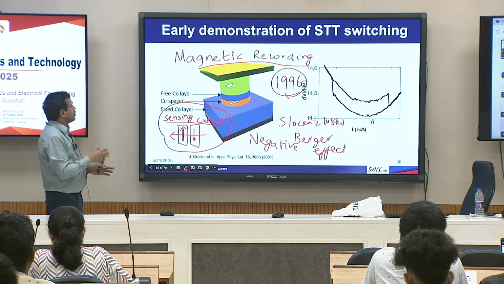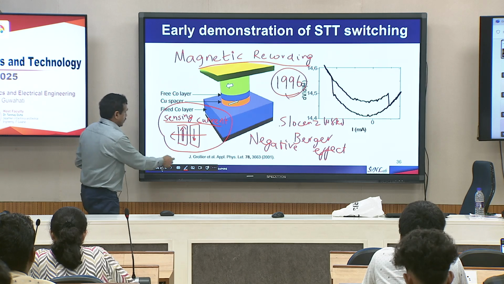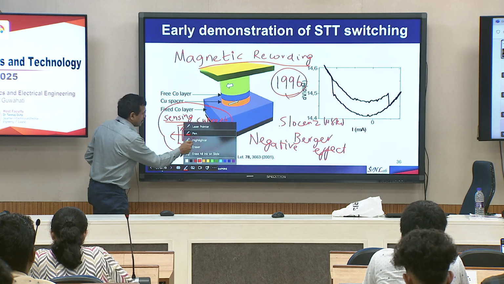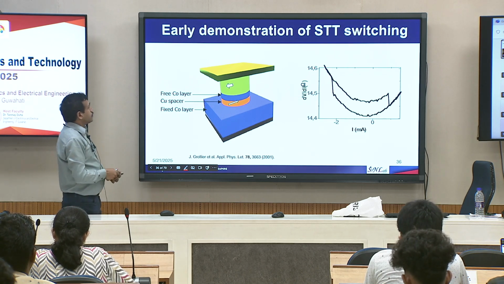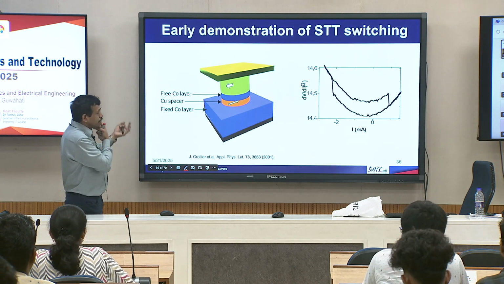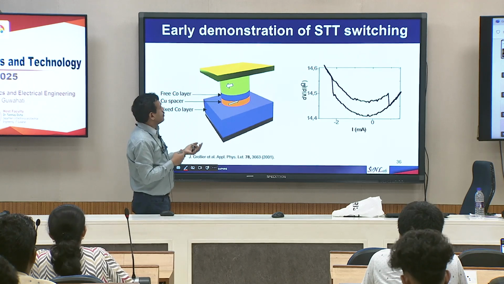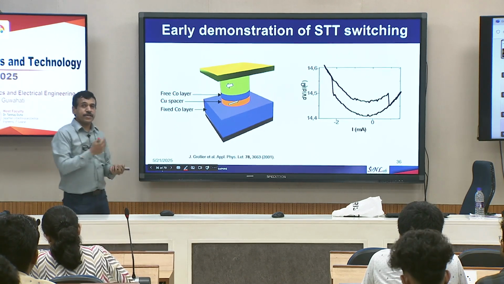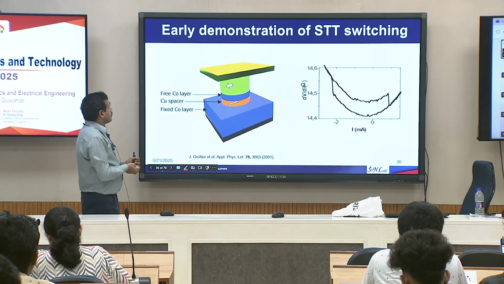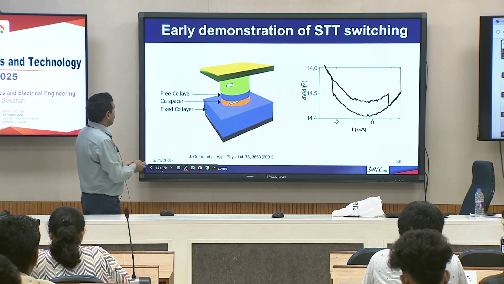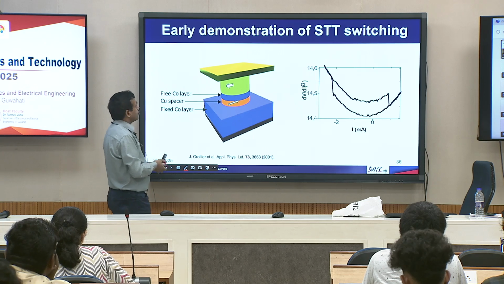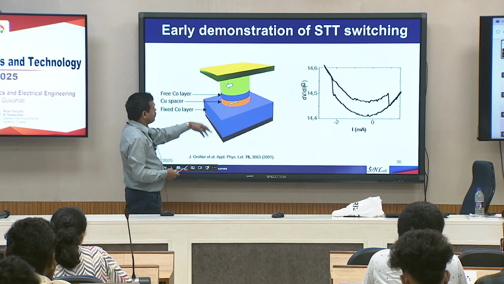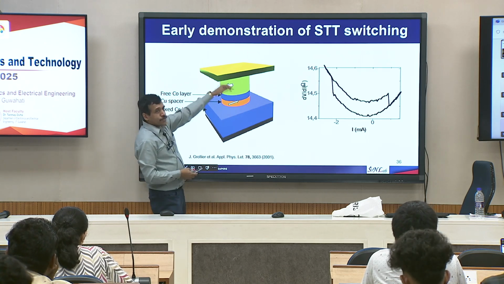Then a few years later, people realized that we can use this to write information. People thought, okay, we have this spin transfer torque effect, why do not we use this to switch MRAM. Okay. So, with that objective, people started studying whether we can switch the magnetization of MRAM by sending current through the device.